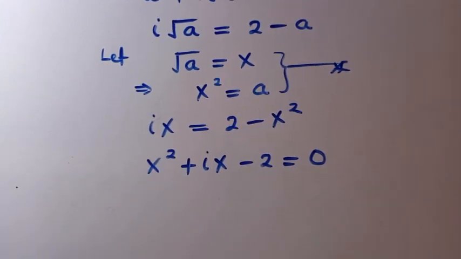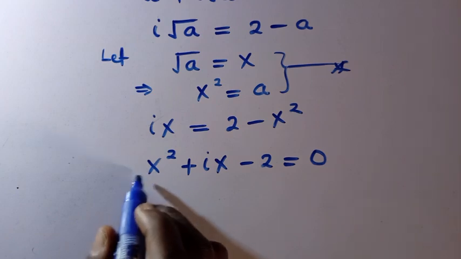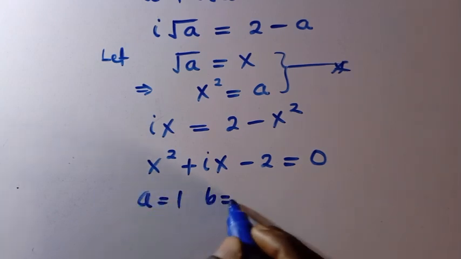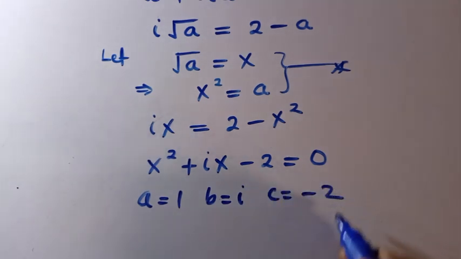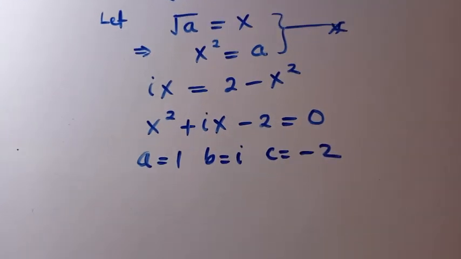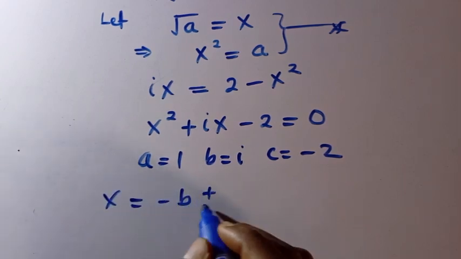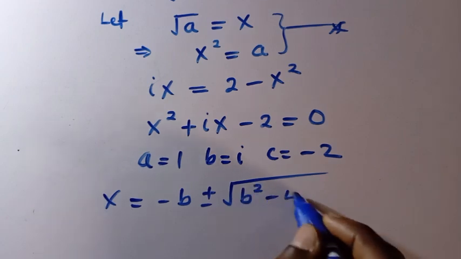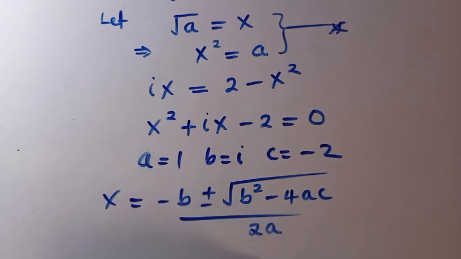Then we solve this quadratically by considering the quadratic formula. The coefficient of x squared is a, so we have a equals 1, b is i, and c equals minus 2. And applying it in this formula, which is x equals minus b plus or minus the square root of b squared minus 4ac, divided by 2a.